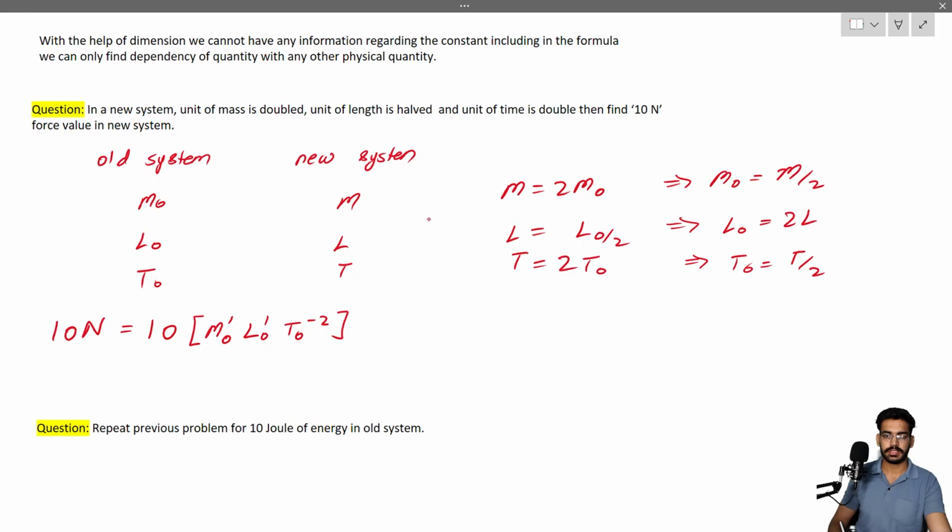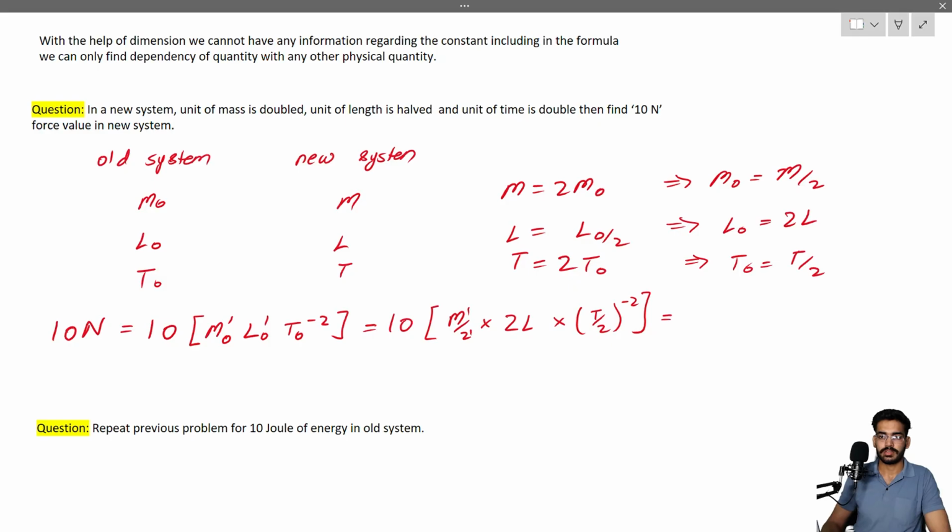Now we want to move from old to new, so we have to replace the old with the new. So m naught is equal to M by 2. Let's replace: 10 into m naught, that is M by 2, to the power 1, multiplied by L naught to the power 1, so this is 2L, multiplied by T naught to the power minus 2, that is T by 2 to the power minus 2. Now if you solve this, you take all the numerical values outside.